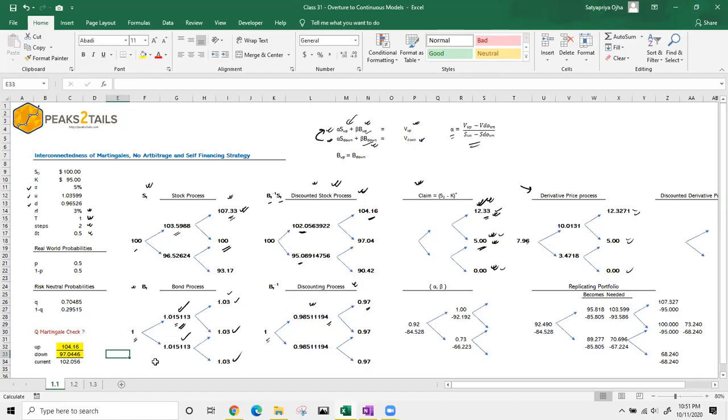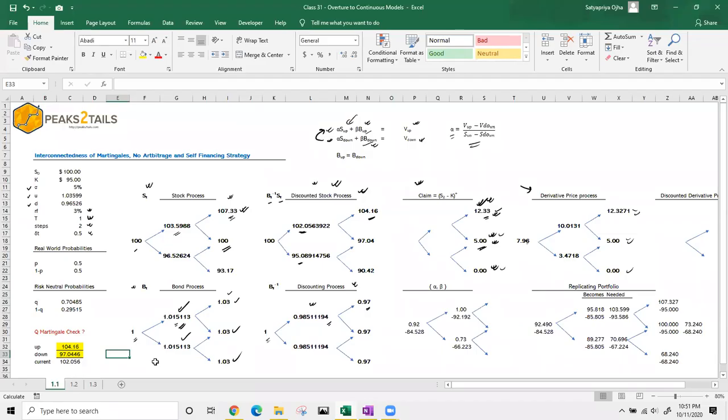Is this clear? The whole idea of martingale and discounted stock price process and how everything fits. Story is not finished yet. We have to talk about the derivative. Stock prices, anyways, we knew the values of the stock price as in the possible states of the stock price already because we modeled it.